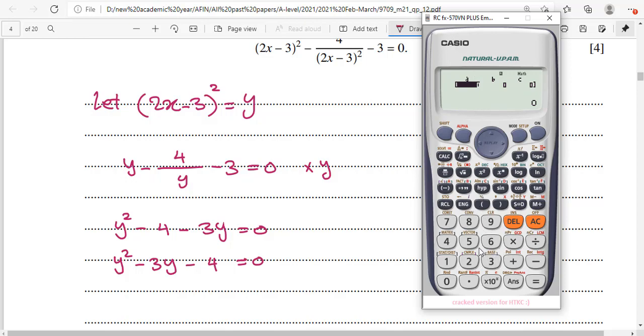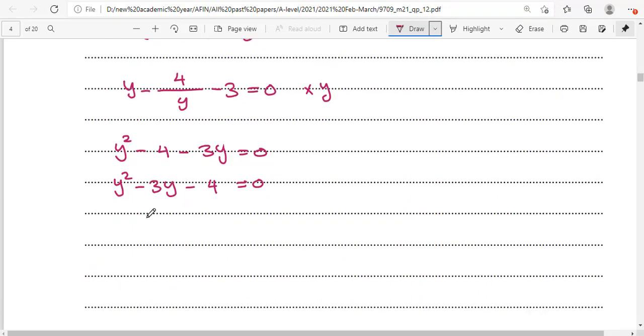So there is no number in front of y squared. It means it's positive 1. Then negative 3, equal, negative 4. So the solution is 4, negative 1. So y equals 4 or y equals negative 1.